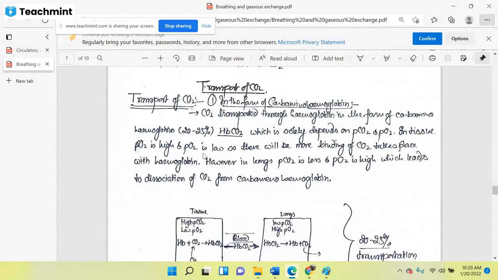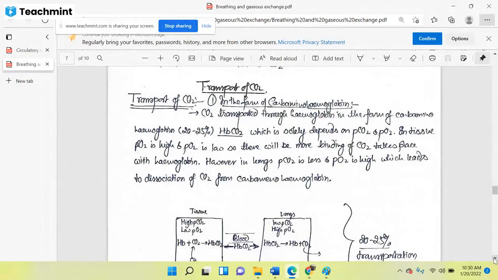The amount of carbon dioxide will be high and the amount of oxygen will be less, and this condition promotes the binding of hemoglobin with carbon dioxide. However, in the lungs, just the opposite condition is there. You know that in the lungs, PCO2 is low and PO2 is high, which leads to dissociation of carbon dioxide from carbaminohemoglobin.